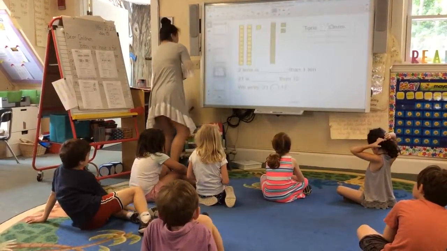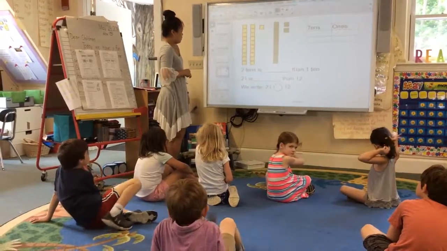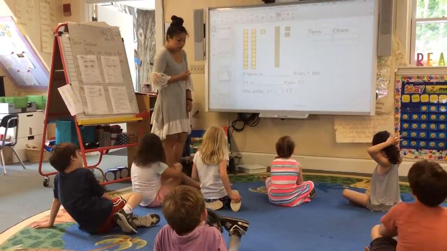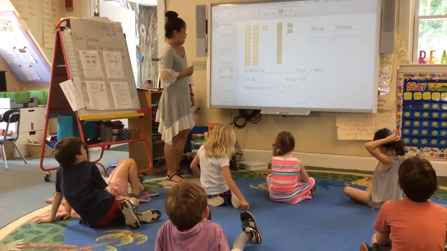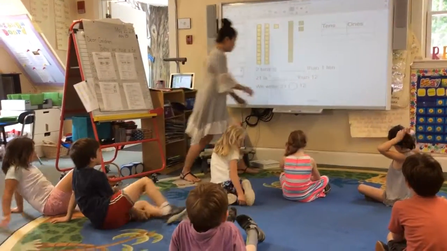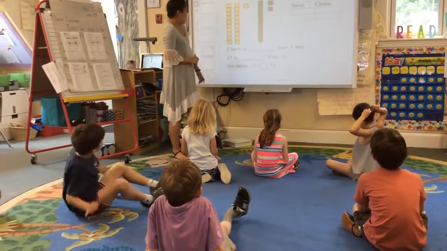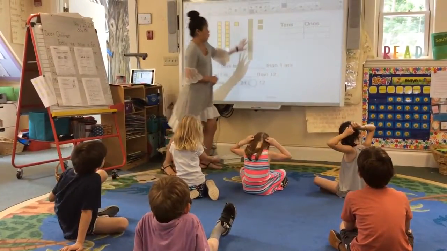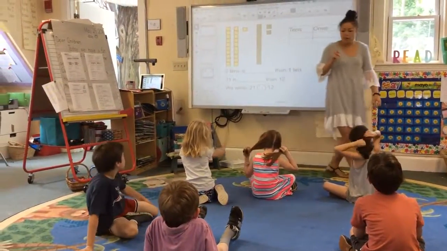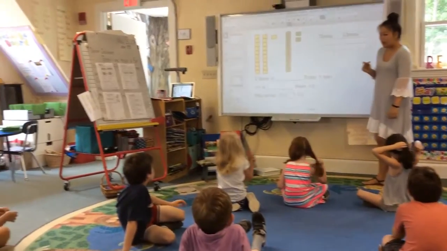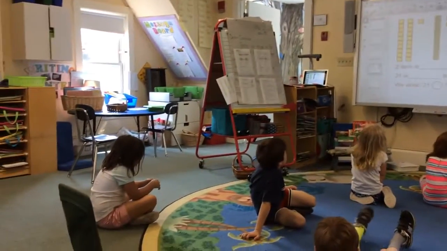So here we have two pictures, and we have to fill out some information. Here's our picture, and here's our picture. Can someone raise their hand and tell me how many yellow cubes are there?